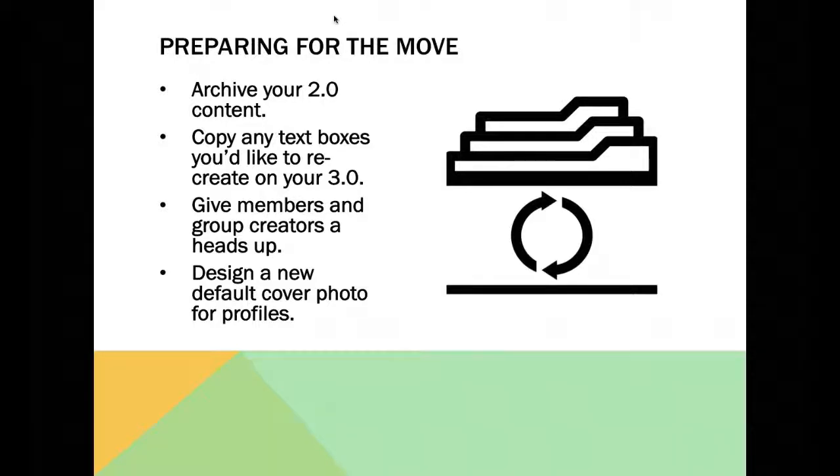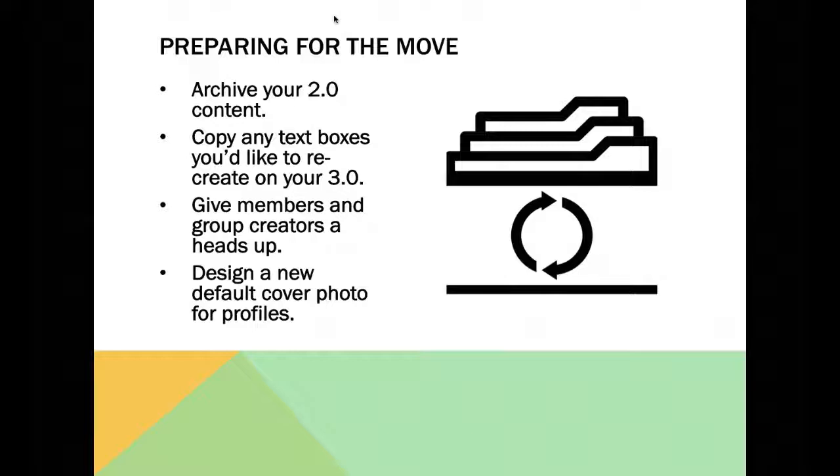So also I'd recommend giving members and group creators a heads up about the process. I've seen some people creating a text box on their homepage, just a little blurb about, hey, we're moving over to 3.0 or something like that. That's really up to you, but if not that, maybe a broadcast message to let people know that you're going through this upgrade process.